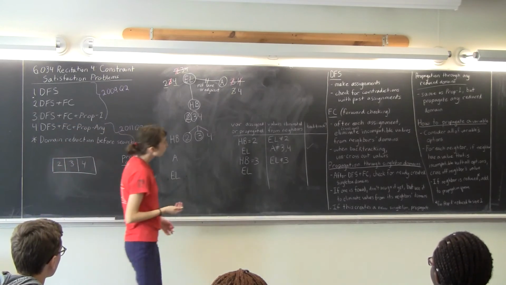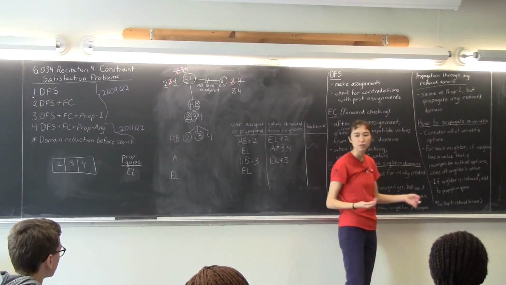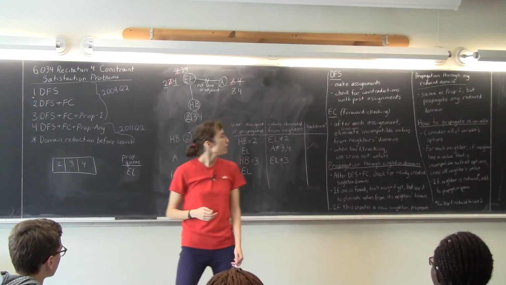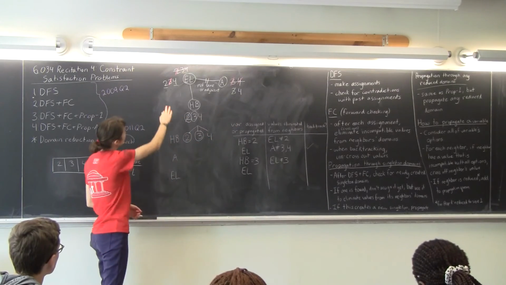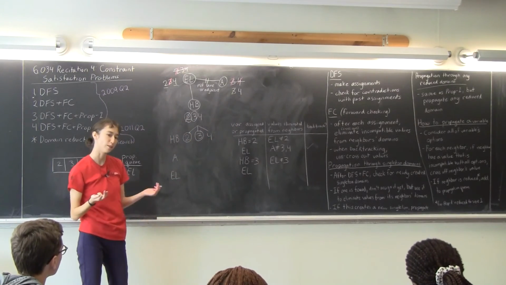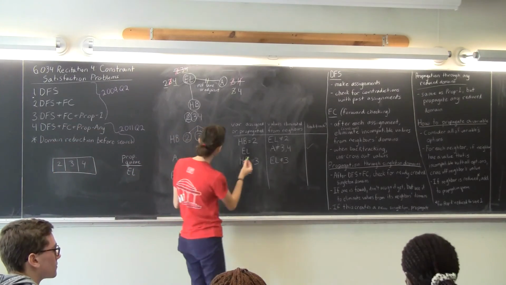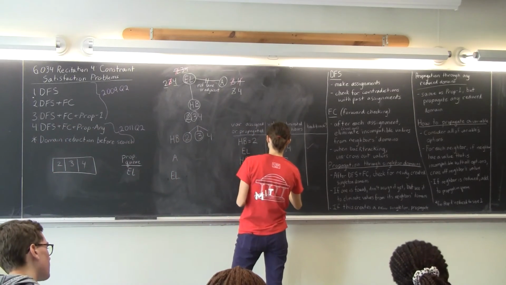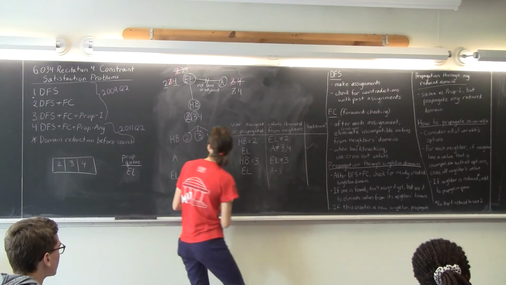Right now what we're trying to do is see if there's a value that's incompatible with all of the evil lion's options. The antelope being in 4 is compatible at least with the evil lion being in 2, so it's still possible that the antelope will be in 4, so we won't cross that out. So here we just have the antelope can't be in 3.